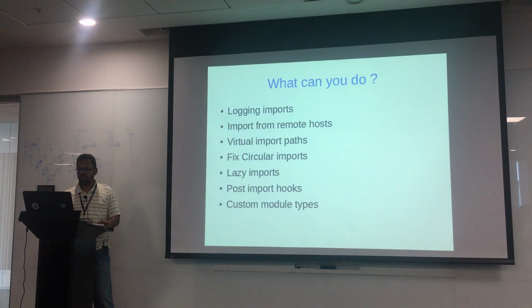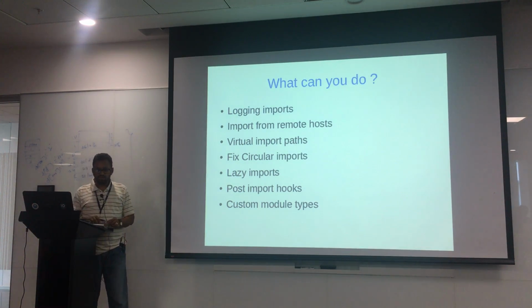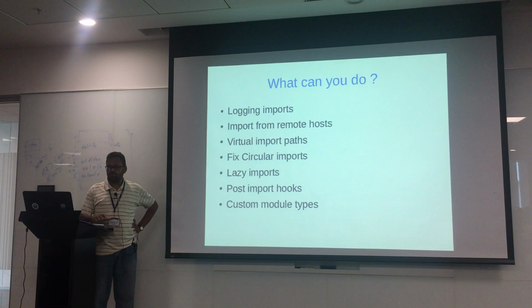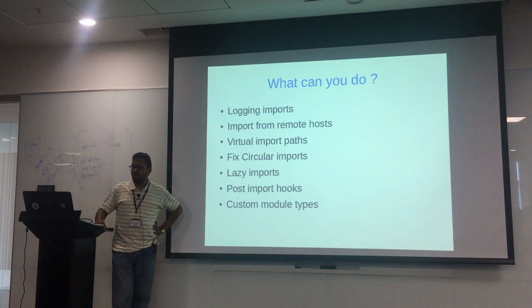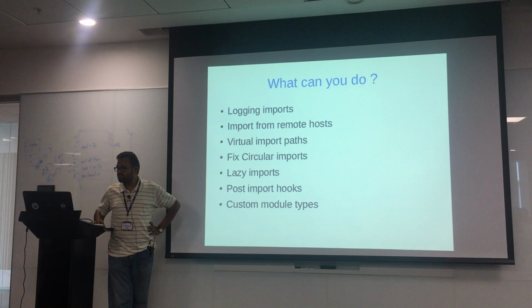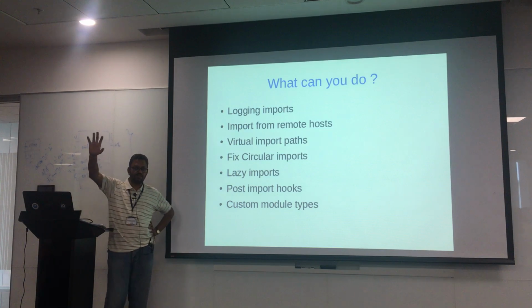But what can you do? Let's say one example, this may not be a realistic example, but I'm taking it as a kind of use case. Let's say you're using Amazon, and you have all your modules kept in an S3 bucket in Amazon. An S3 bucket is nothing but storage in Amazon.